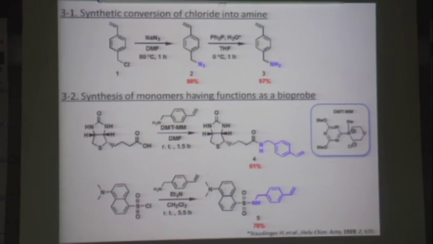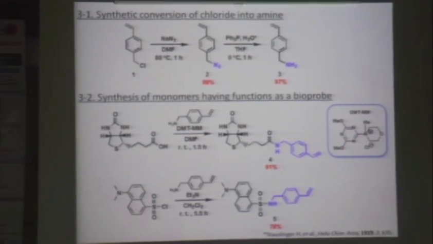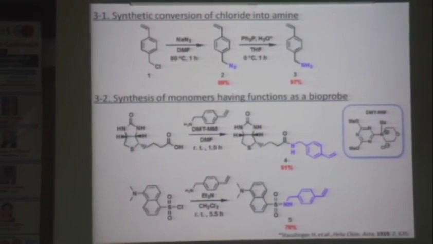Amine 3 was coupled with biotin in the presence of DMT-MM, which is known as a coupling reagent, to afford the amide in 91% yield. As another functionalization, the synthesis of dansyl monomer 5 was achieved in good yield by the condensation of amine 3 with dansyl chloride in the presence of triethylamine.